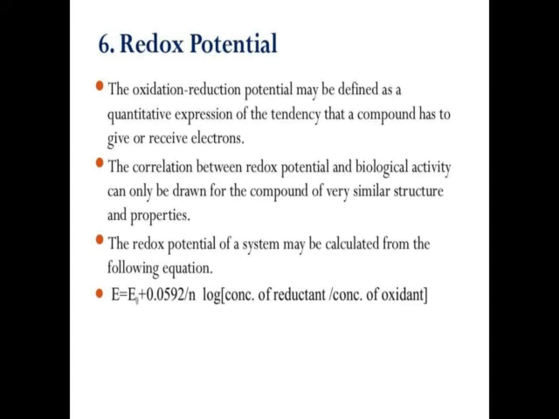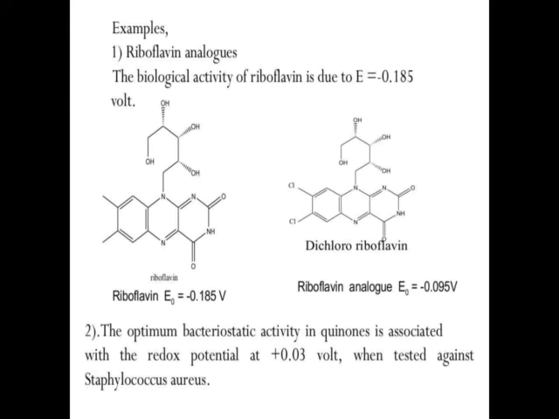Next part is redox potential. So what is the redox reaction? Redox reaction is the oxidation plus reduction reaction. So it is the tendency of any compound to gain electrons or to donate electrons. For example, riboflavin.